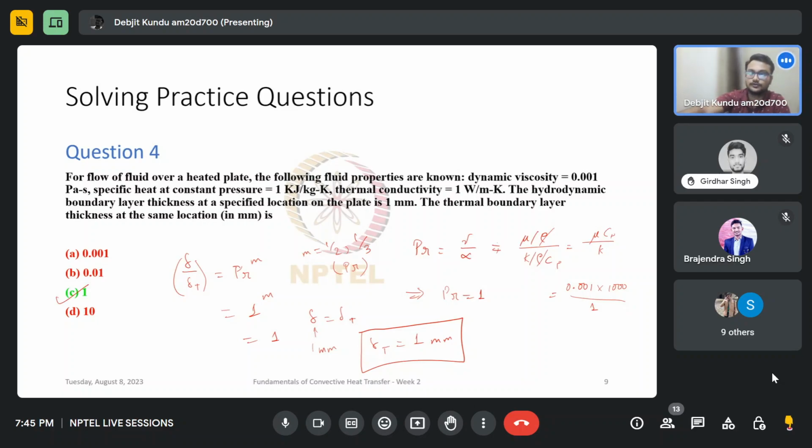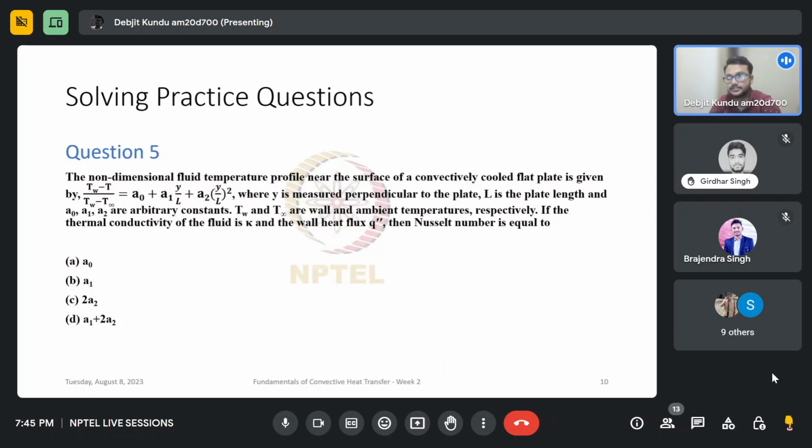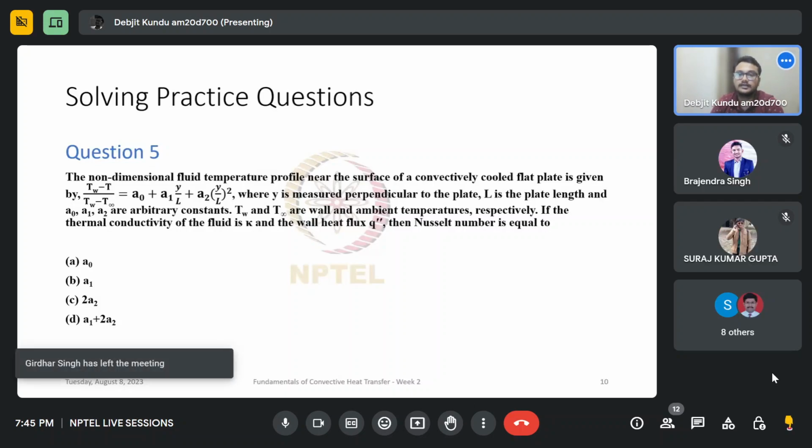We'll move on to question number 5 of today's session. This is once again a bit numerical, but you won't need a calculator for this. So, the non-dimensional fluid temperature profile near the surface of a convectively cooled plate is given by so and so, where y is measured perpendicular to the plate, L is the plate length, and A0, A1, and A2 are arbitrary constants.